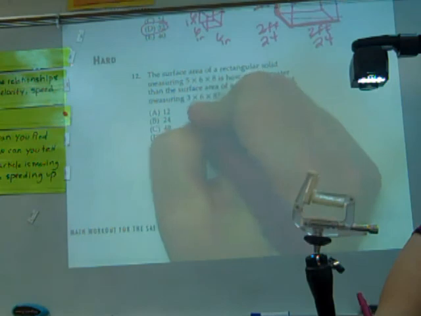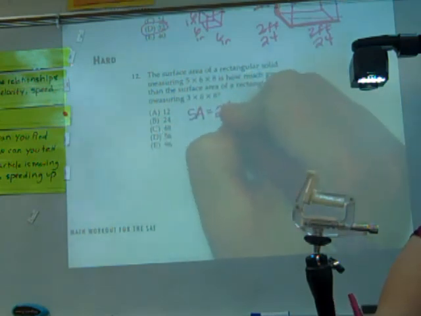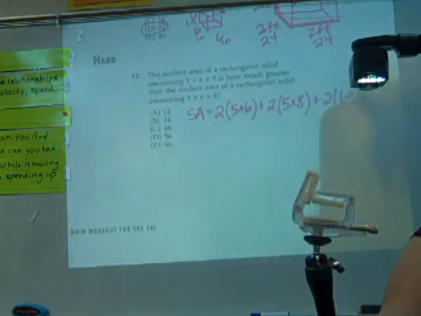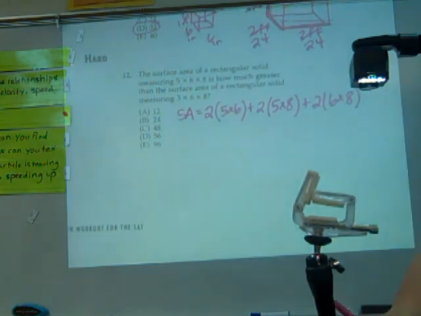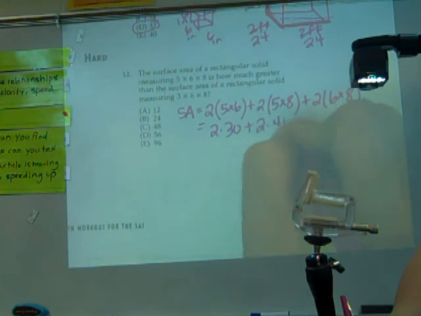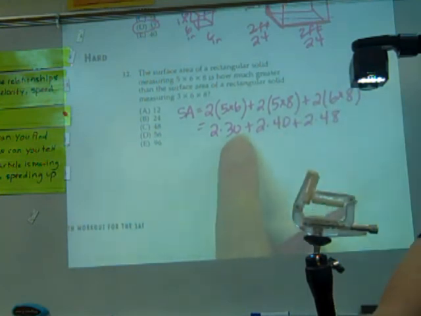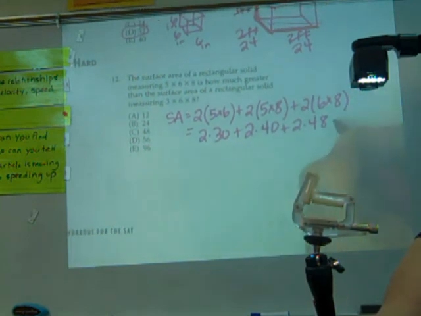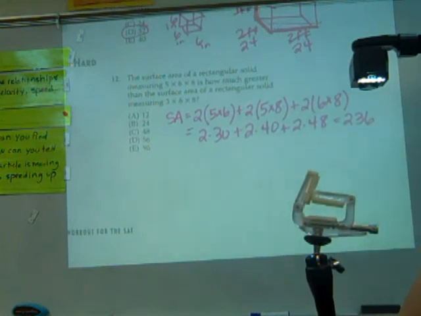So the surface area for the first one, there's going to be 2 sides that are 5 by 6, 2 sides that are 5 by 8, and 2 sides that are 6 by 8. Which would be 2 times 30 plus 2 times 40 plus 2 times 48. So 60 plus 80 is 140. Plus 96, this is 236.